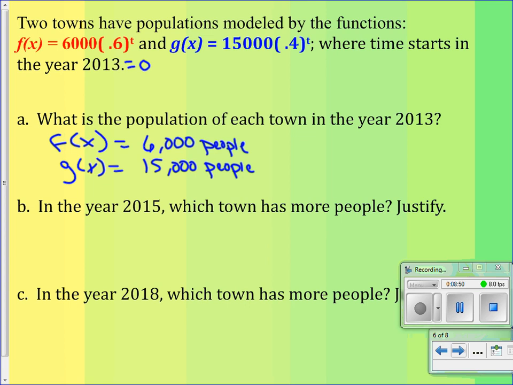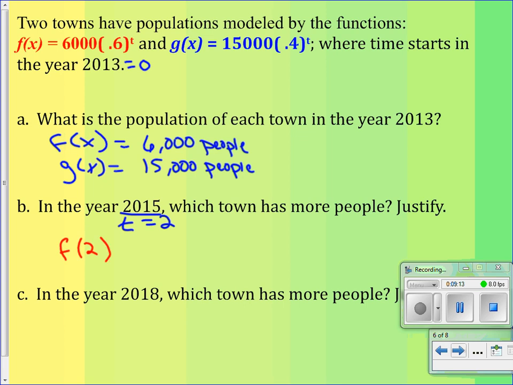Example B says, in the year 2015, which town has more people? So now we're looking at 2015, which if 2013 was 0, would mean that time is 2 years later, so t equals 2. So we need to plug that into both functions.